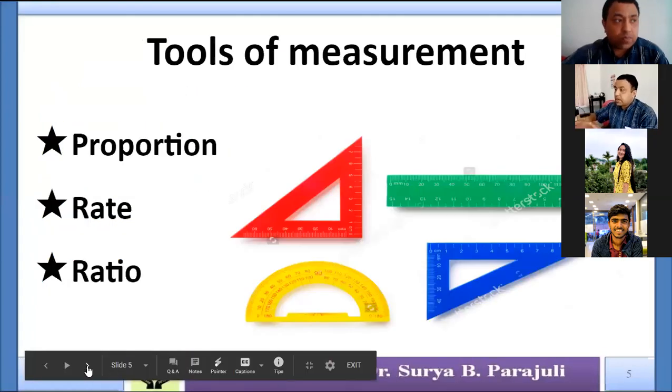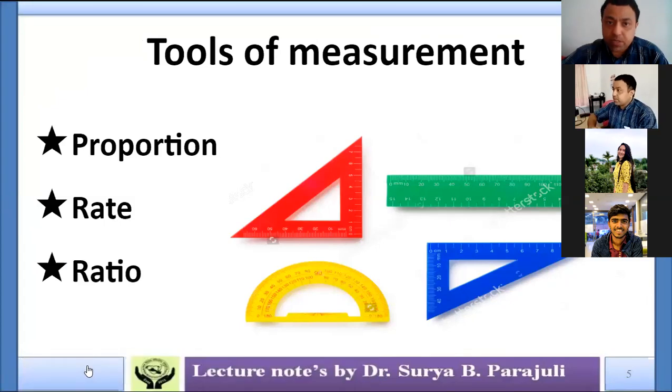Now, what are the tools of measurement? Before starting to discuss tools of measurement, you should know what is indicator and index. If you have more than 2 indicators to identify or to track any health condition, then it is called index.